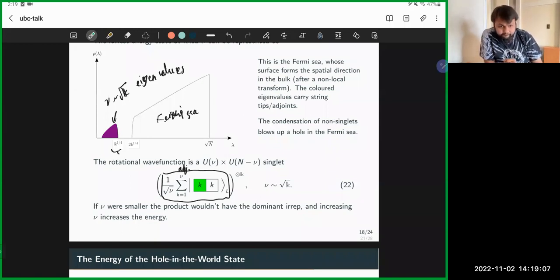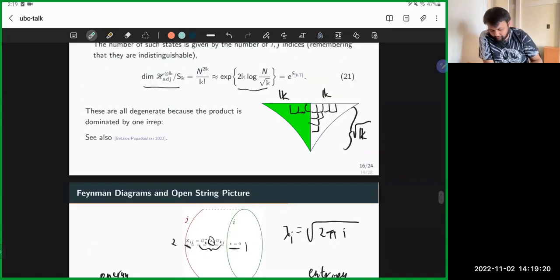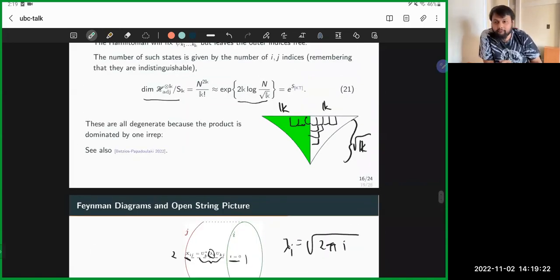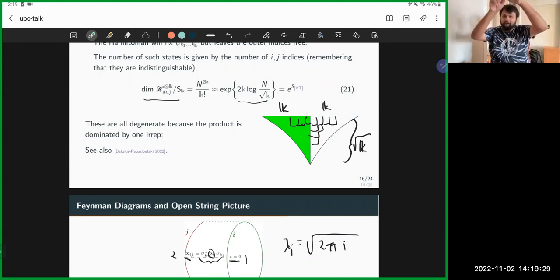Okay. Right. And then the last question is, why is nu of order root k? Well, if nu was smaller than order root k, remember that the dominant irrep had root k rows in the Young diagram. And each row is anti-symmetrized. So you have to have at least square root k distinct states in the space you're looking at.